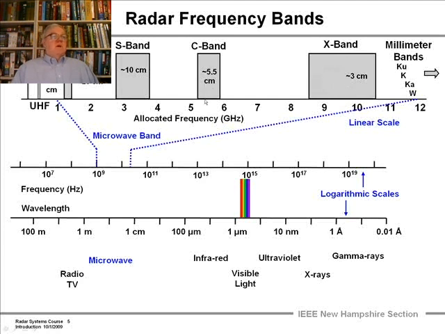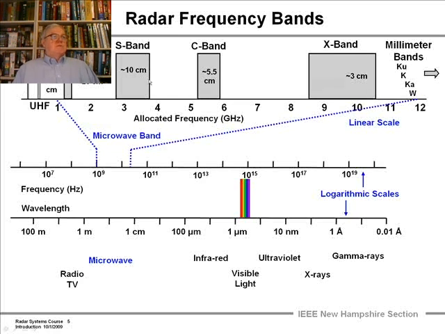C-band is about 5.5 gigahertz with a corresponding wavelength of 5.5 centimeters. S-band, 10 centimeters at about 3 gigahertz. L-band, 23 centimeters, about 1.2 to 1.3 gigahertz. And then UHF and VHF, standing for ultra high frequency and very high frequency, at approximately 435 centimeters, and then 2 meters for VHF.